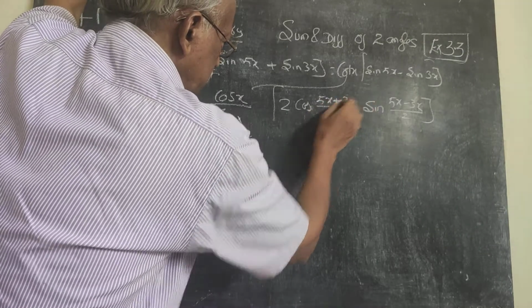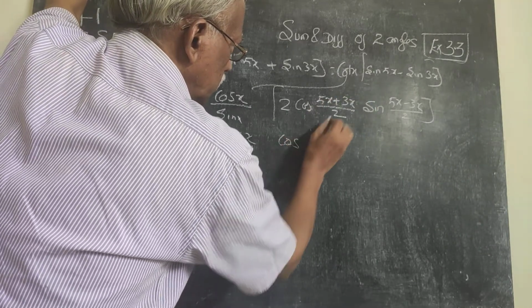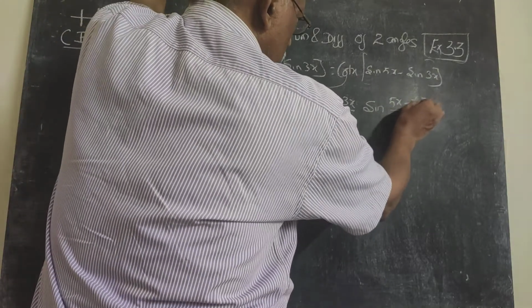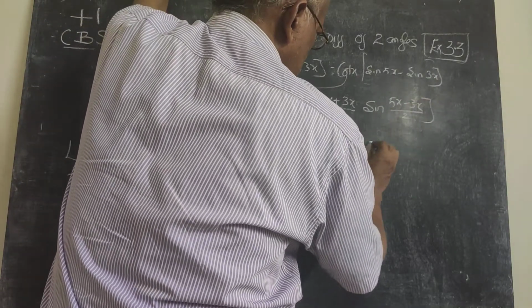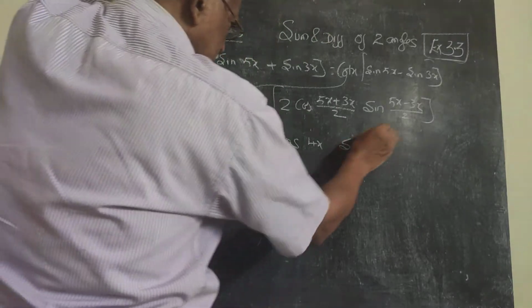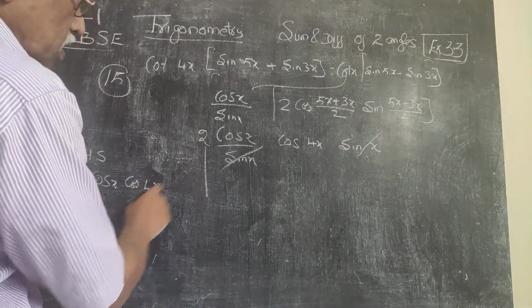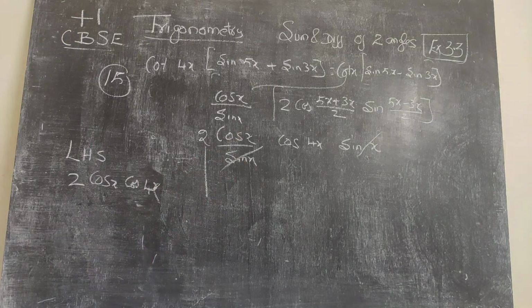This is cos 5x plus 3x, 8x by 2, so 4x, 5x minus 3x, so 2x, 2x by 2 is x, so this gets cancelled. So this is your right hand side, 2 cos x cos 4x. Left hand side is equal to right hand side. We have proved the problem.